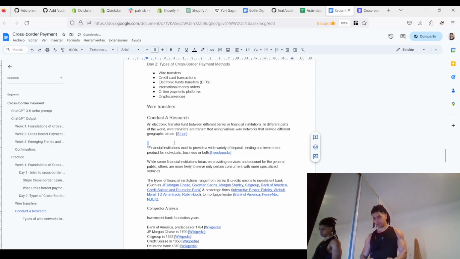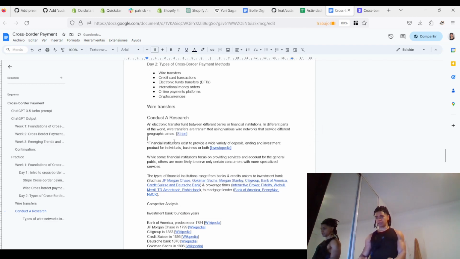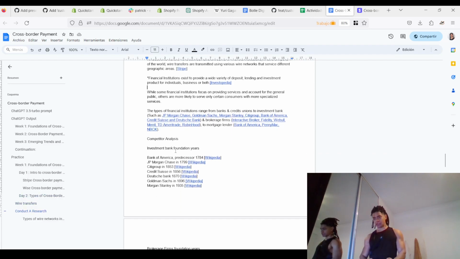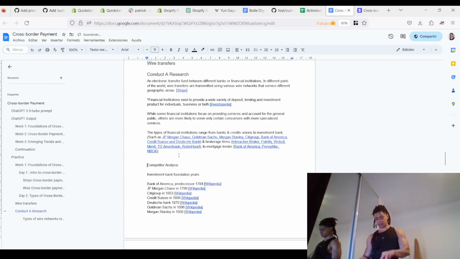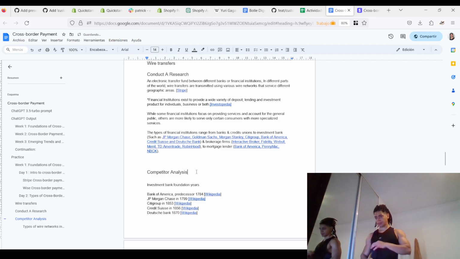This is the definition. Then define things like the financial institution, the concept of financial institution, as well as the competitor analysis here.